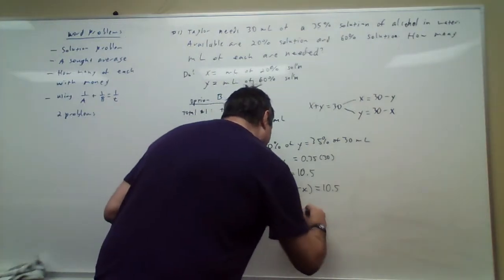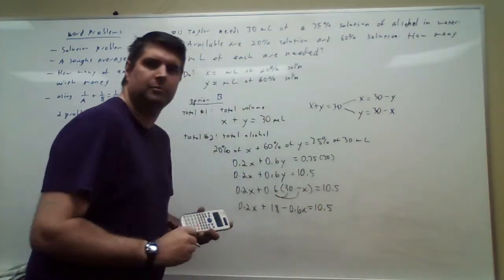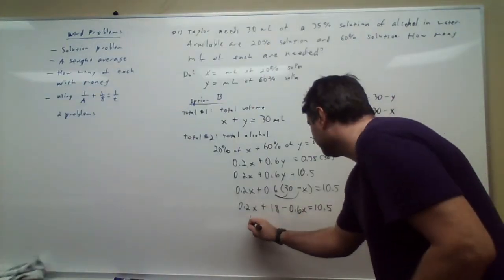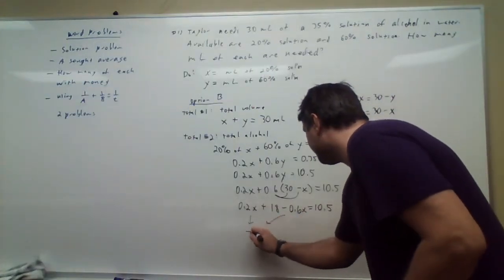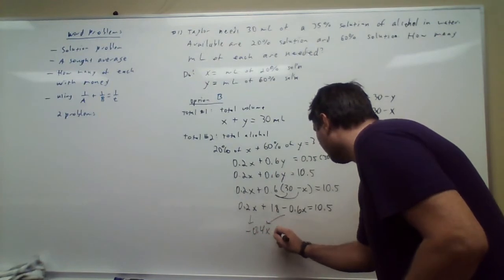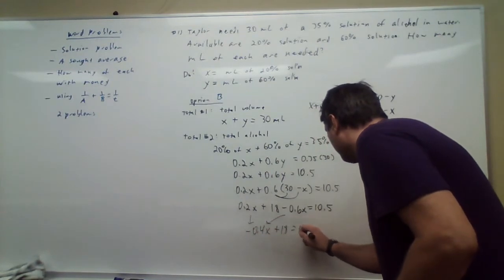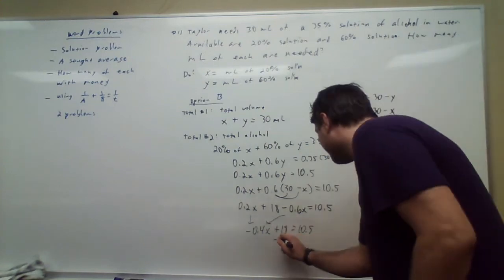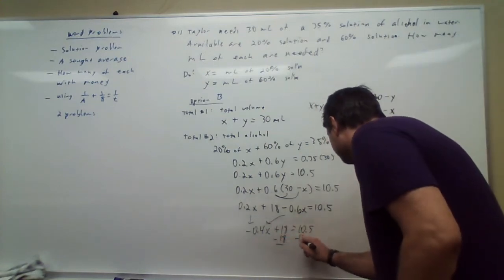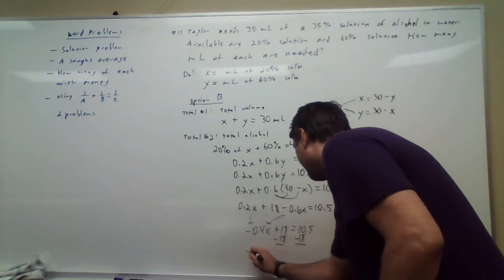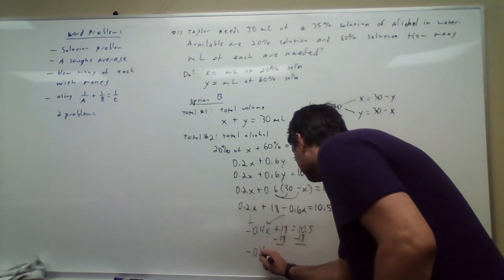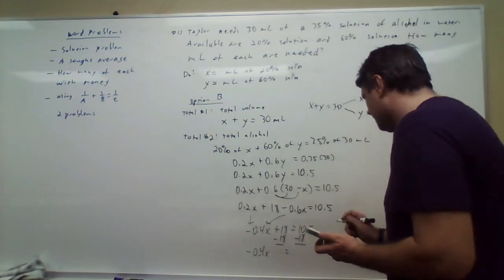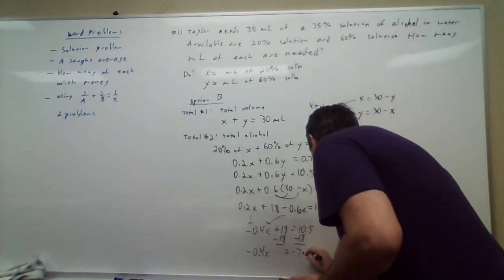Minus 0.6X equals 10.5. Okay? When these two are combined, this gives me negative 0.4X plus 18 equals 10.5. Subtract the 18, and we have negative 0.4X equals 10.5 minus 18, which is negative 7.5.